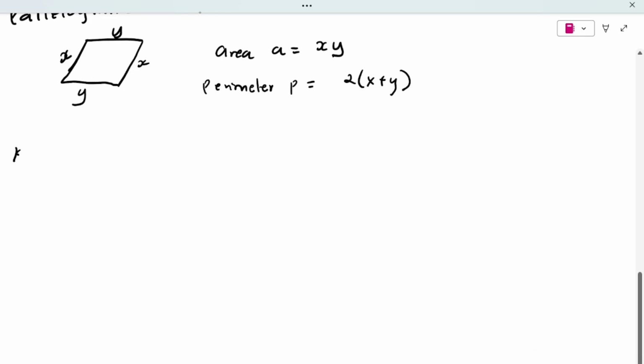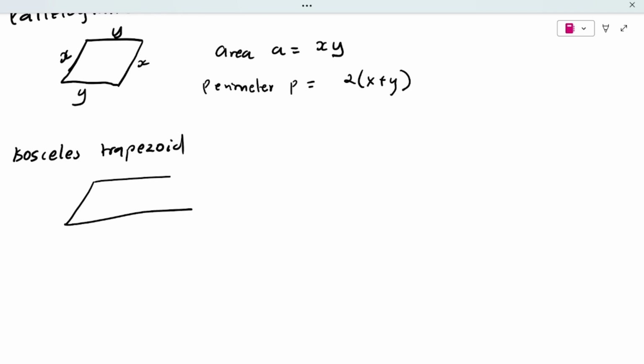The name for this one is isosceles trapezoid. The isosceles trapezoid looks like this. This is H, this is A, this is B, and from here to here, this is C. Let me write it correctly.